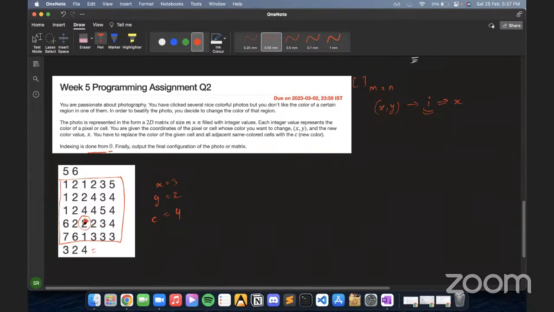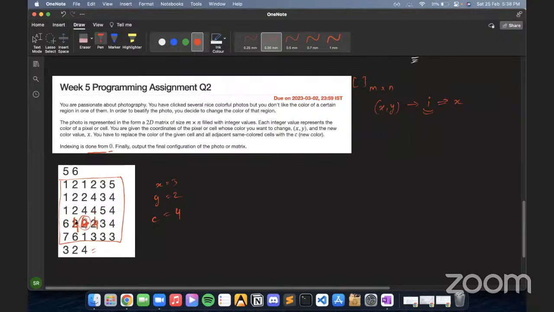So if we change it to 4, now of all its surroundings, you see 2, 2, 2, the surrounding pixels have the same color, that is 2. We also need to change those to 4. Now you look at this 4, there is no 2 over here, right?